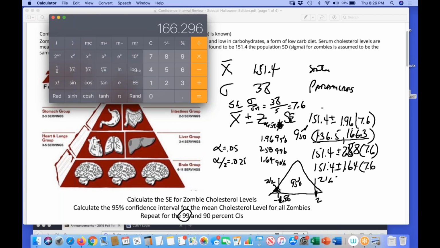To get 2.5% at this end and 2.5% at this end, the z-score is more accurately -1.96 and +1.96. Similarly, to be 99% certain, it has to be 2.58. And to be 90% certain, in other words 5% at this end and 5% at this end, it can be as low as 1.64. And I'll show you the Z table to confirm that.